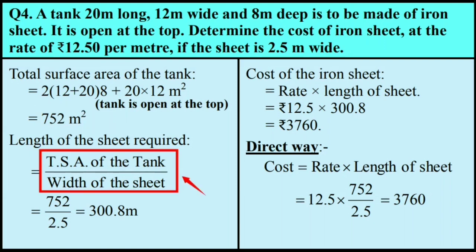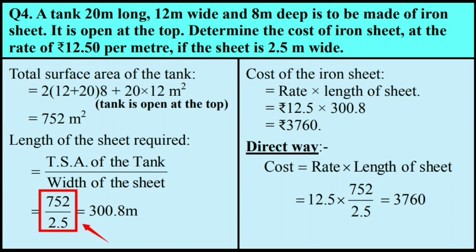Now, the total surface area of the tank is equal to the total surface area of the sheet required, and since the width of the sheet is given, that is 2.5 meter, the length of the sheet required is the total surface area of the tank divided by the width of the sheet.